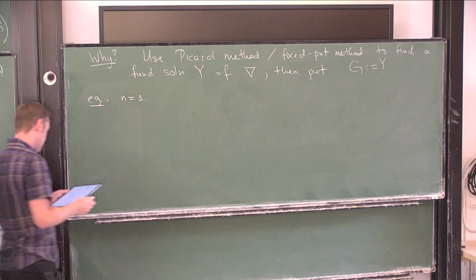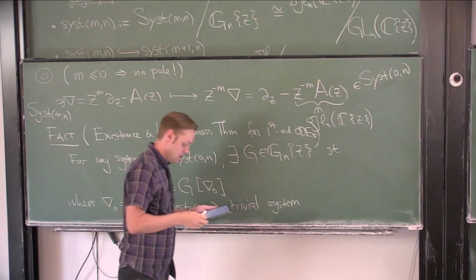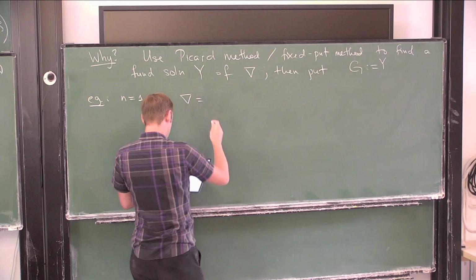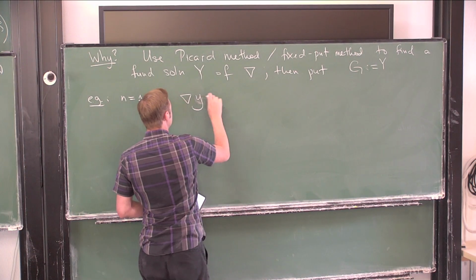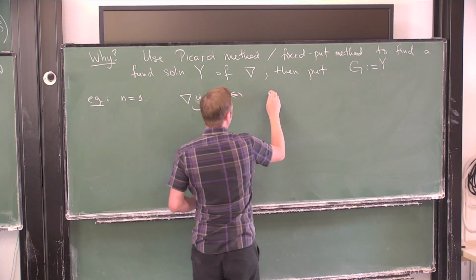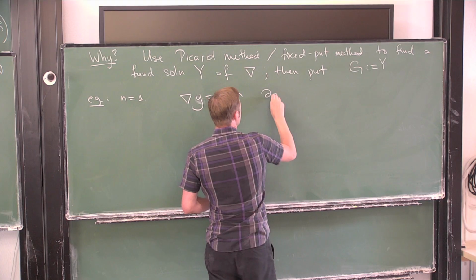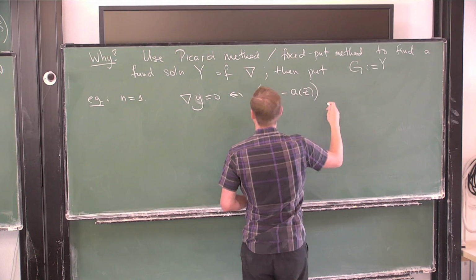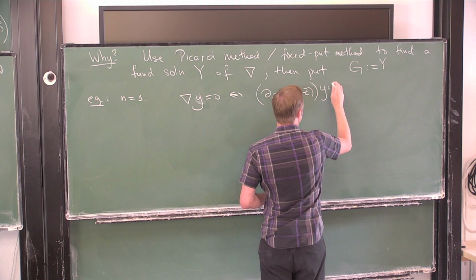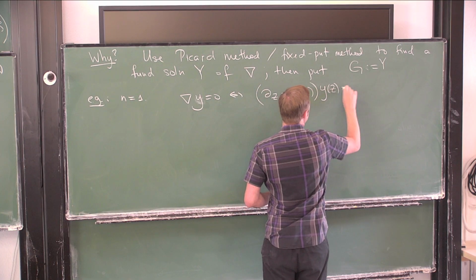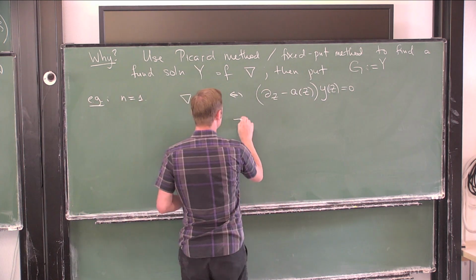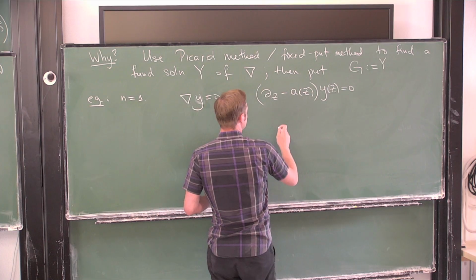So, a very concrete example. Let's focus on n equal to 1. We're solving something like this, and our system is just del z minus a of z, some holomorphic function on the infinitesimal disk. We've already solved an equation like this.